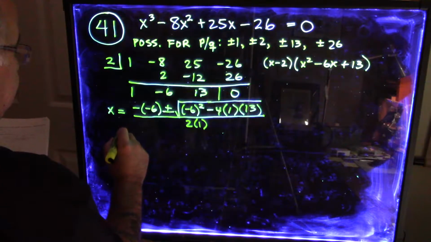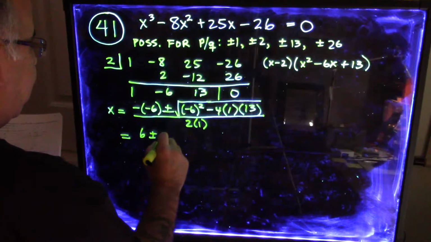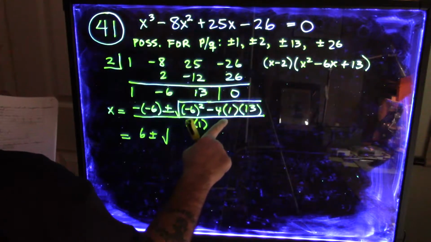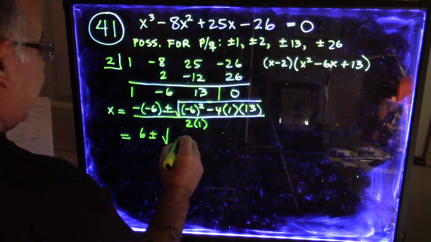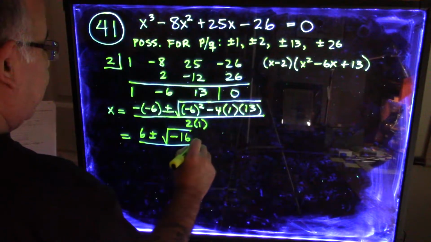Alright. So that would be 6 plus or minus square root of, that's going to be 36 minus 52, which is negative 16, under the radical, over 2.